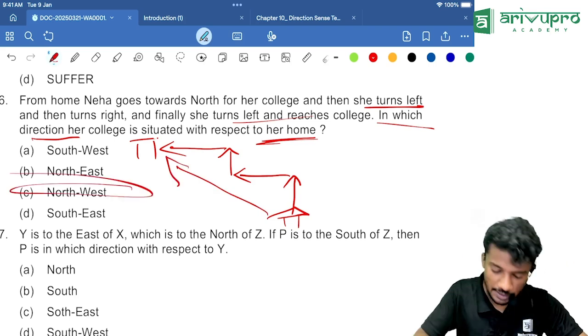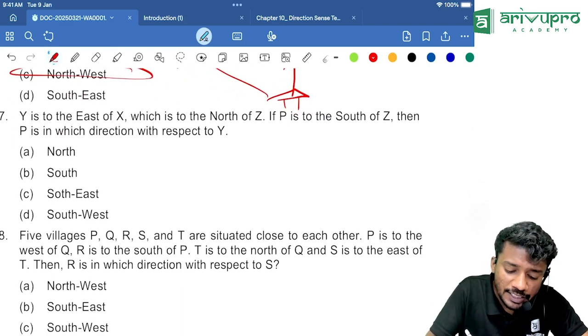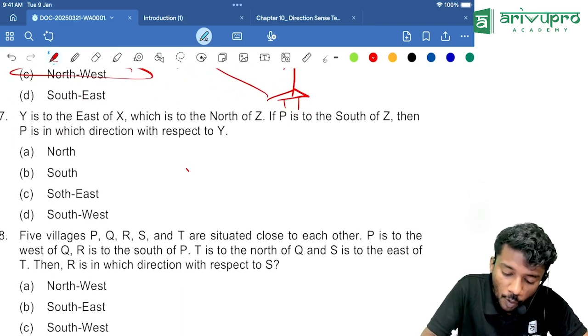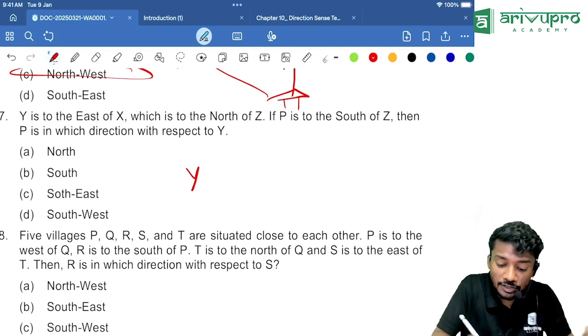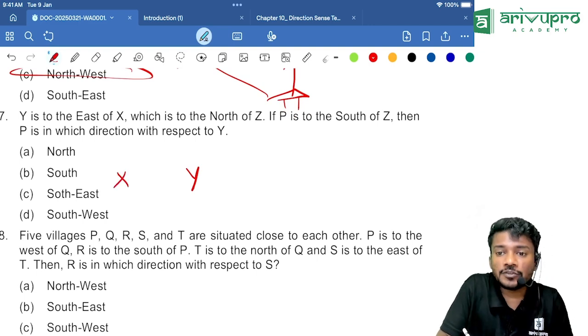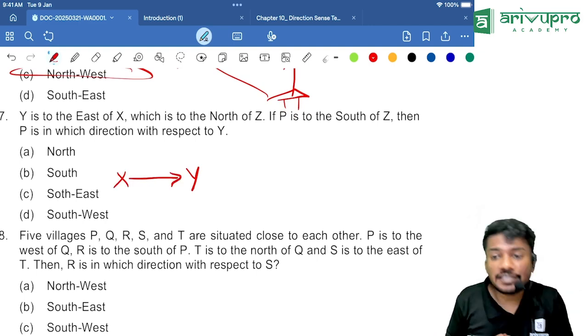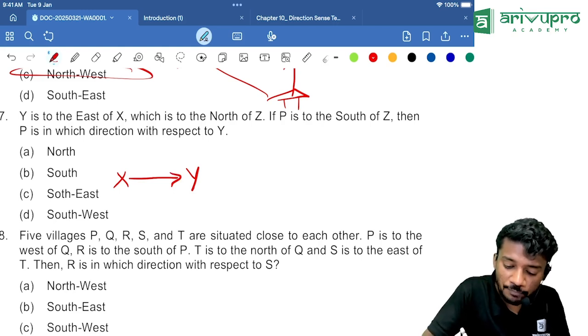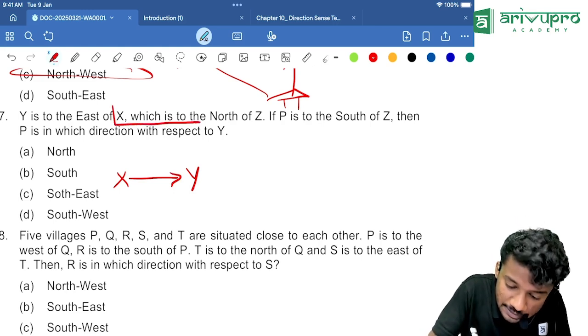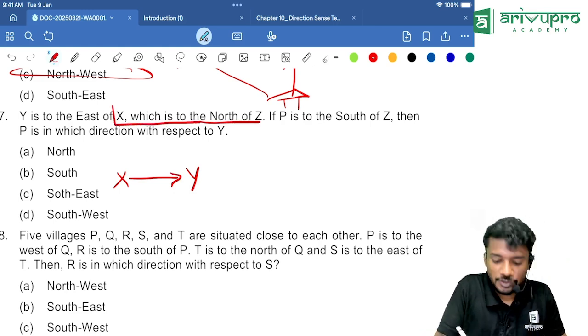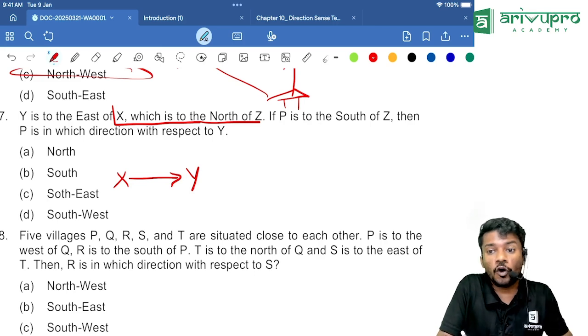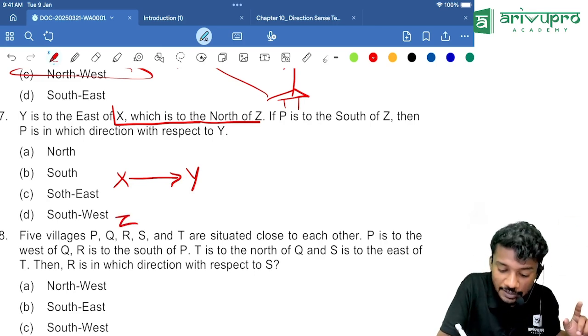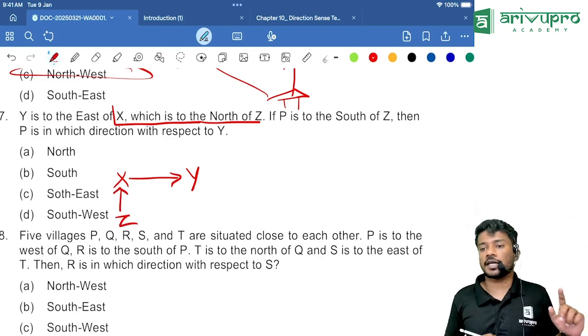Correct? Yes. Next question. Y is to the east of X. So Y is to the east of X. That means X is the reference point. Then what is given? X is to the north of Z. So Z will be up or down? North of Z. From Z, X is in the north direction.